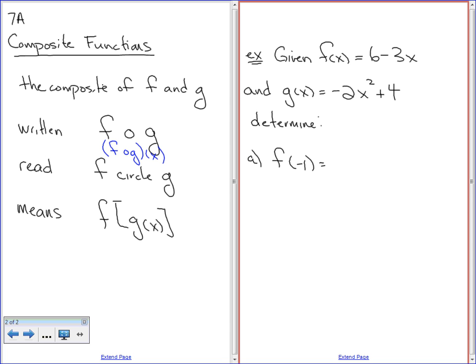How do I know I'm using the f function? Because that's what it tells me. This is what I'm replacing my independent variable for. My independent variable is my x. So this means use the f function, but everywhere you see an x, replace it with the number inside of the bracket. Right? And we've done a lot of this. So then simplifying this, negative 3 times negative 1 is positive 3, add 6 is 9. Any questions on that?